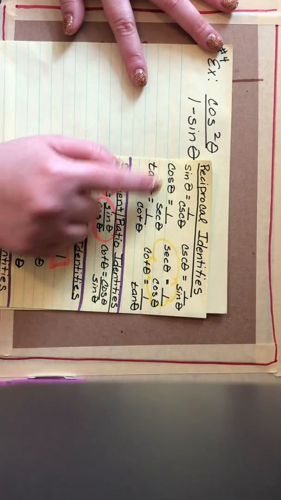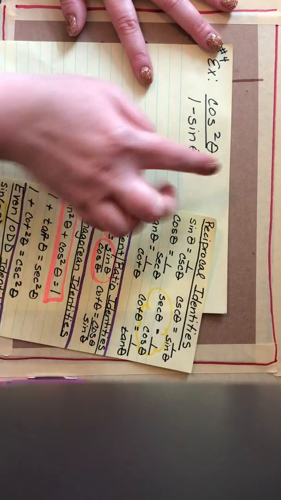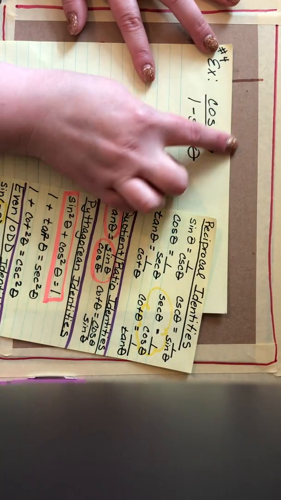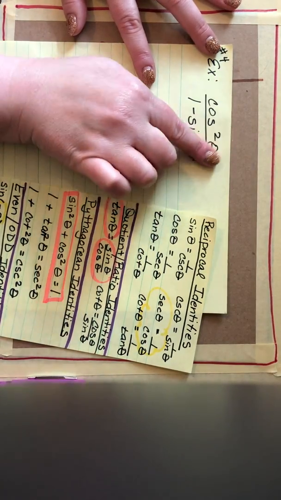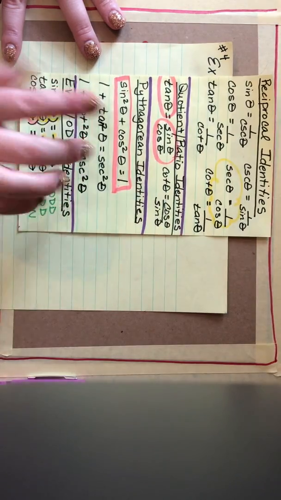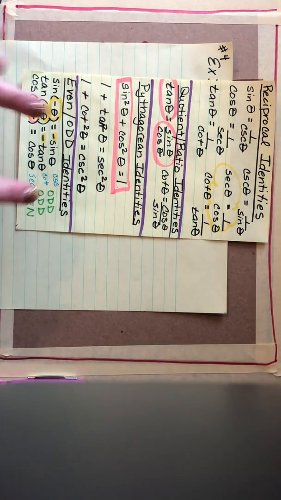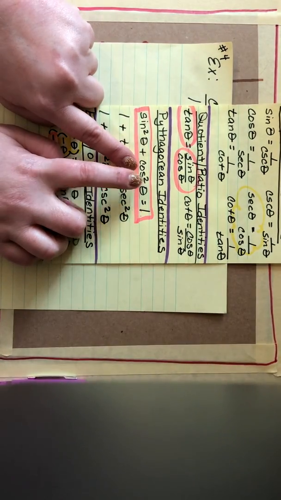I know cosine is 1 over secant, but if I try replacing cosine squared theta with 1 over secant, it's going to be fraction on fraction. Scary. Don't do it. Here's a cosine, but it involves sine and tangent. Hey, here's a cosine squared.